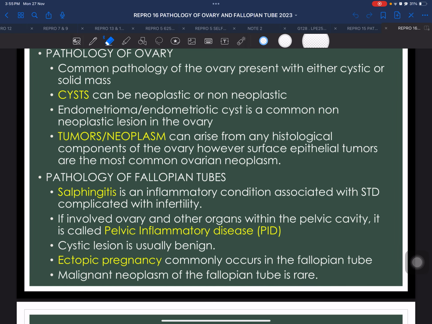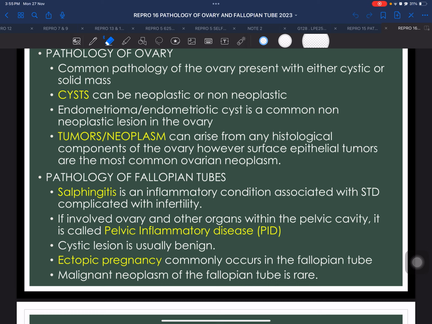Endometriotic cyst is also another common non-neoplastic lesion in the ovary that is associated with risk of ovarian malignancy. The tumors in the ovary are derived from the three important cellular components in the ovary, which are the surface epithelium, the germ cell, and the sex cord and so on. And remember, metastasis can also occur in the ovary.